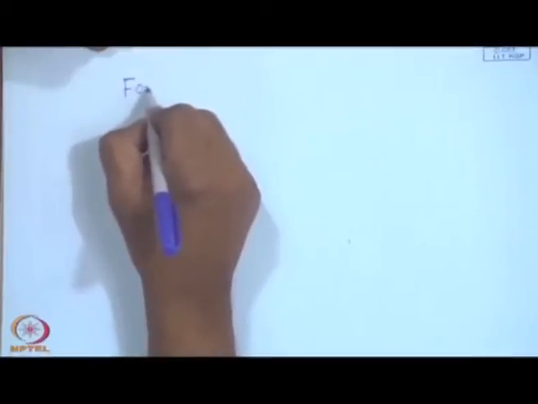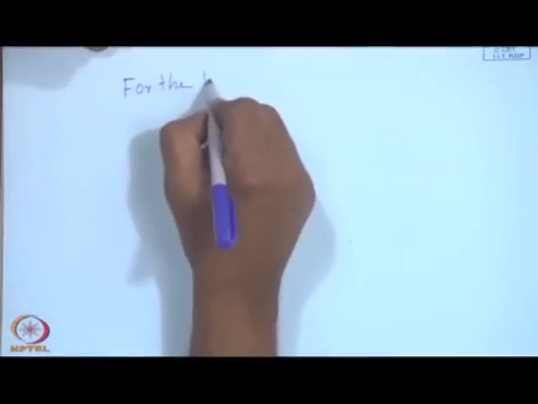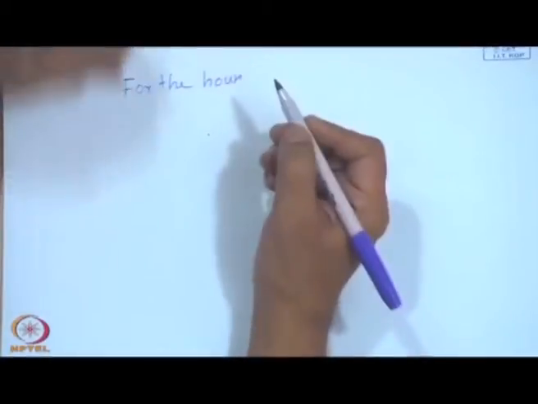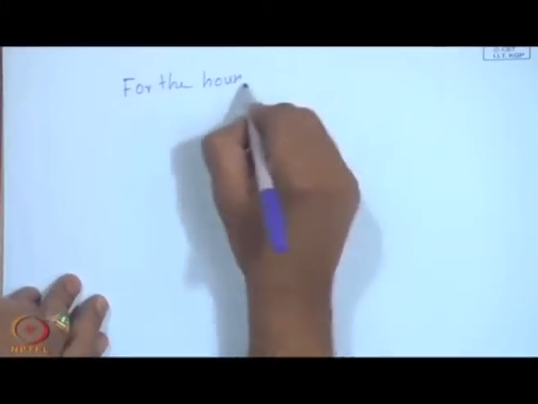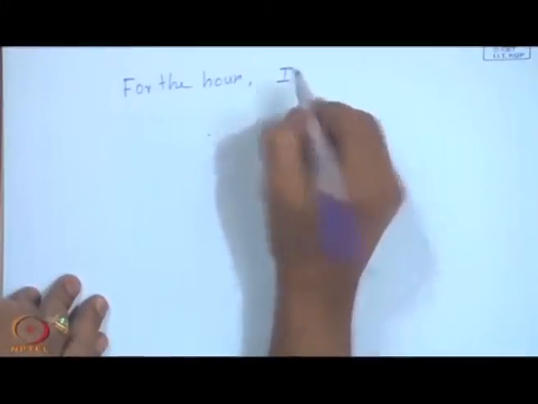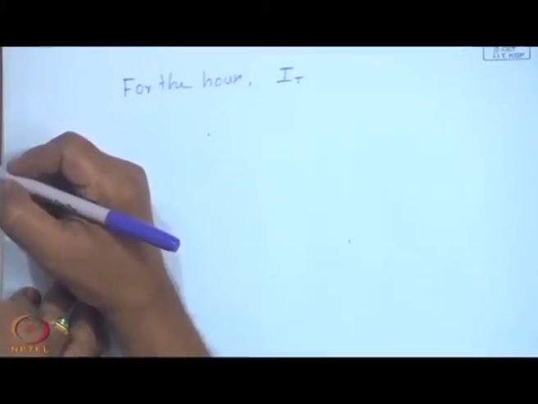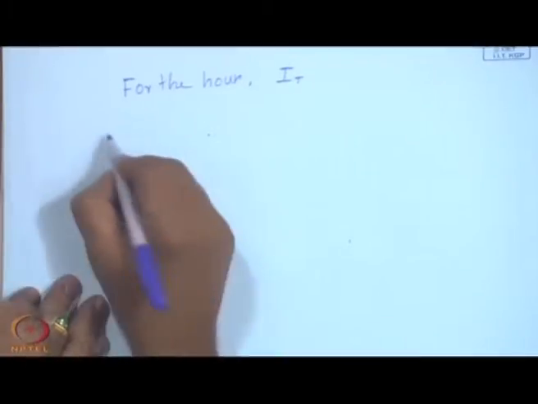Now, I shall make an approximation for the hour; the corresponding value will be I t, right. Instead of G t, it will be I t.